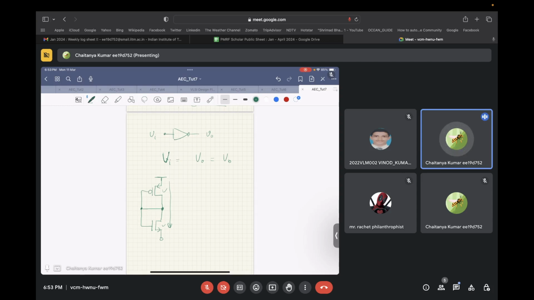What is the condition for a transistor? For example, let's consider NMOS. What is the condition for this transistor to be in saturation? Can anyone tell this?